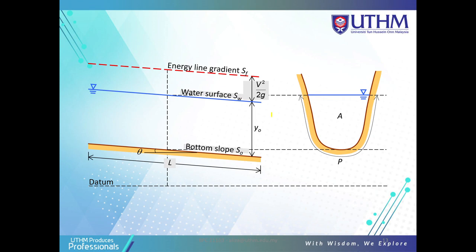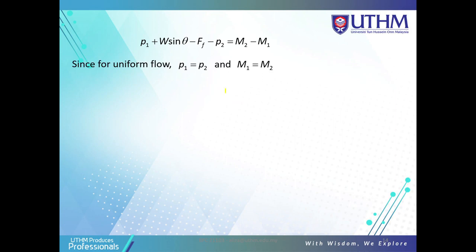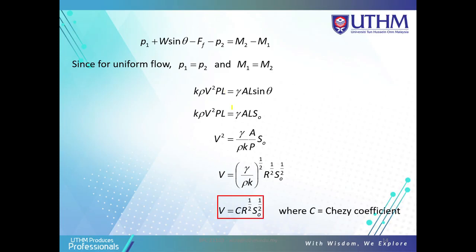This is the assumption we use for how Chezy's formula is obtained, from using the energy grade line, the water surface and also the bottom slope of the channel. So this is how we get the formula.